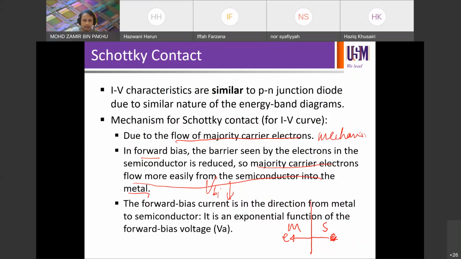As a result, we get an opposite forward bias current from metal to semiconductor, flowing in the opposite direction of the electron flow. It is an exponential function of the forward bias voltage, just like the Schottky IV curve.